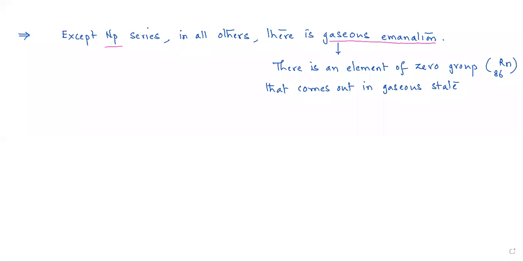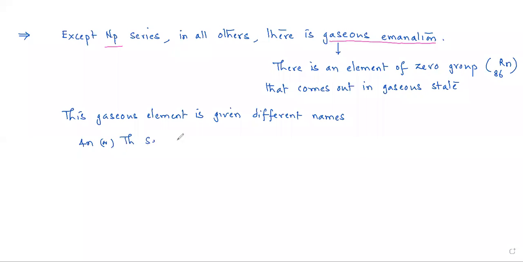Now, this gaseous element is given different names. See, in 4n or thorium series, it is called thoron.